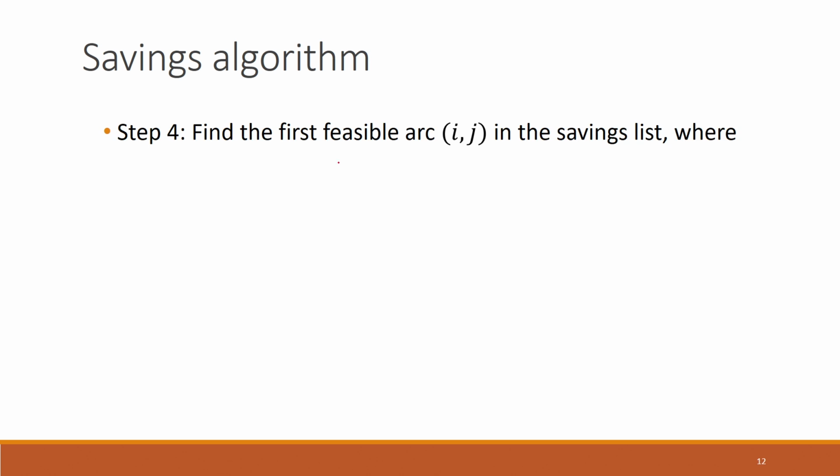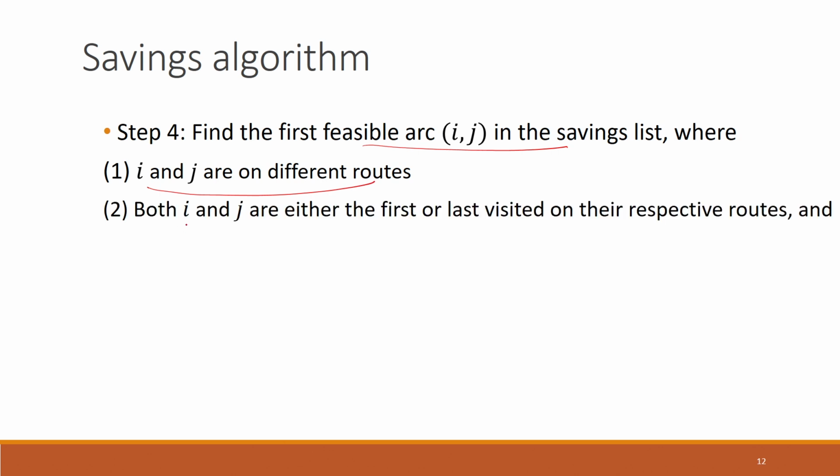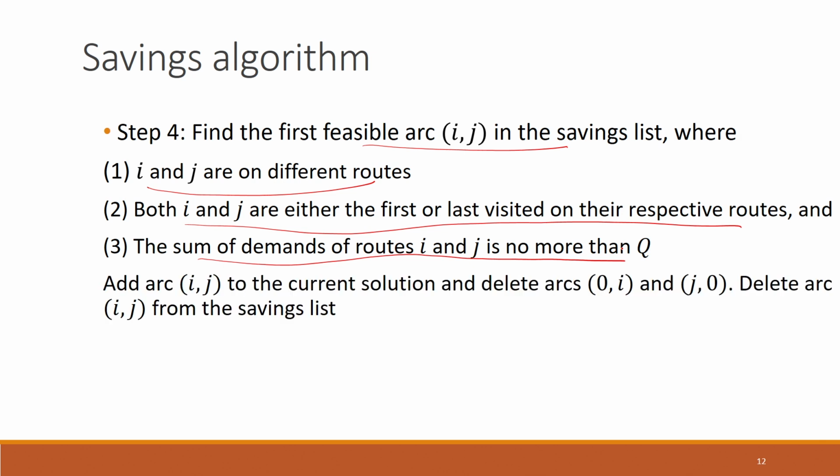And then we find the first feasible arc ij in the savings list, where these conditions are important. First, i and j are on different routes. Both i and j are either the first or the last visited on their respective routes. The sum of demands of routes i and j is no more than Q. If all of these conditions are satisfied, then we add this arc ij.